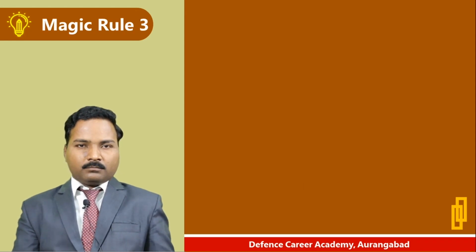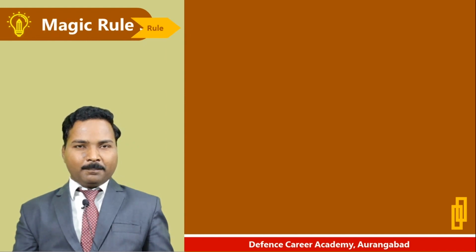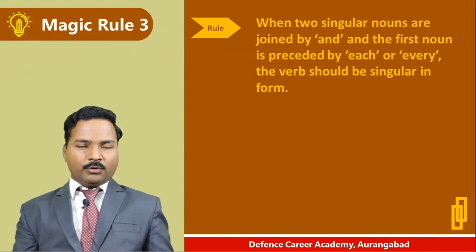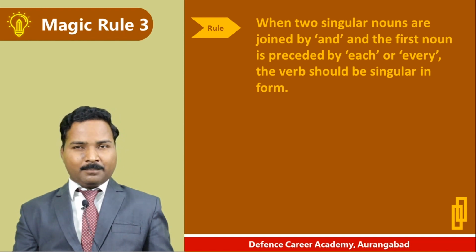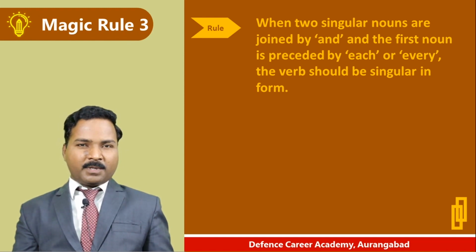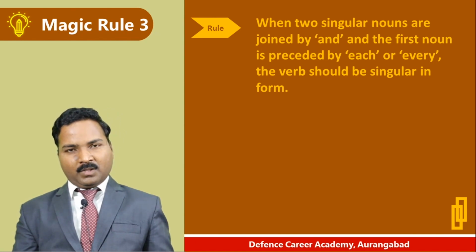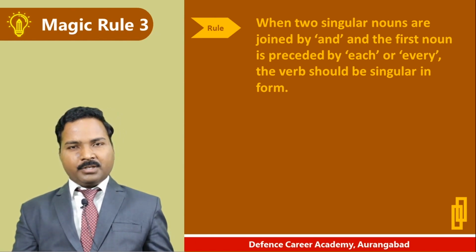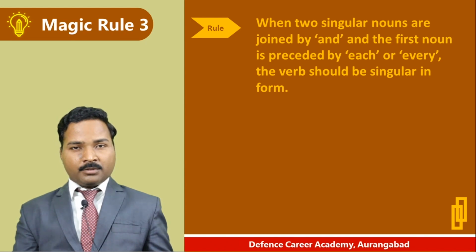Now this is rule number 3. In this rule you can see that when two singular nouns are joined by and and the first noun is preceded by each or every, the verb should be singular in form. See, when we use each or every as adjectives before nouns, they refer to individuals. They don't refer to people collectively.